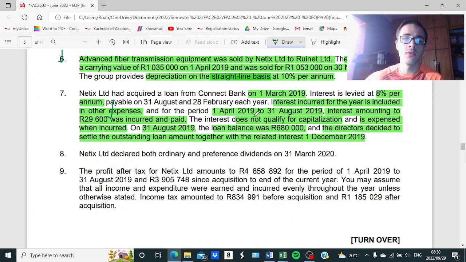However, we need to calculate interest for the full year, and since we have the interest for the pre-acquisition period, we can only calculate interest for the post-acquisition period using the balance of 680,000, which was the outstanding balance on the 31st of August 2019.